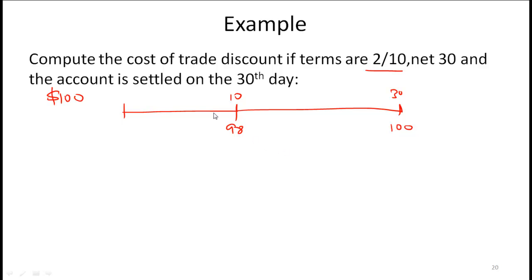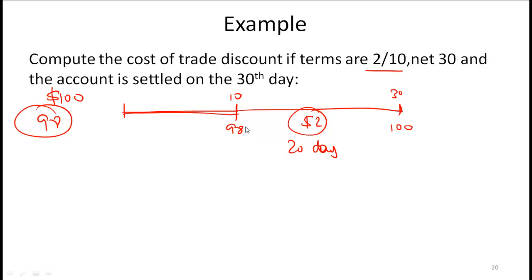So one way of looking at it is that the item that you are buying really costs 98, because if you pay for it in the first 10 days, you are only paying 98. If you are delayed, then you are paying additional interest of 2. Now if that $2 interest is being paid, what is the rate that you are paying? So the holding period here is 20 days.